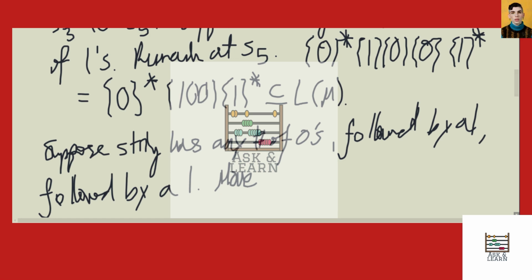Instead of moving from S1 to S3, we're moving from S1 to S2. Okay, so we're at S2, and now we want to avoid going to S4, so let's suppose that the next bit is a 1.